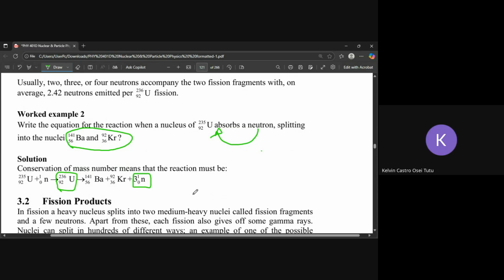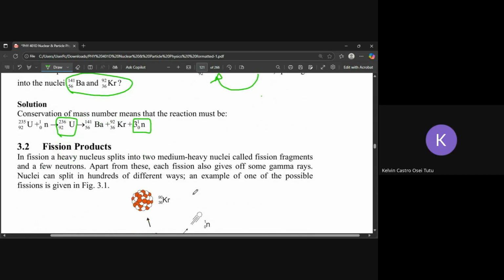Yes, sir. Okay. Examples for further research. In fission, a heavy nucleus splits into two medium-heavy nuclei called fission fragments and a few neutrons. So in this case, this and this are said to be fission fragments, which is the same as the daughter nuclei.